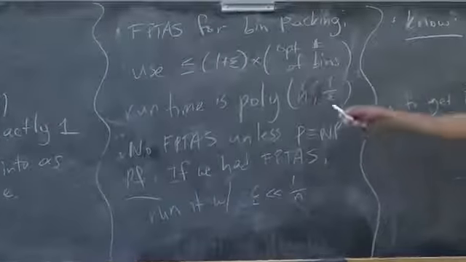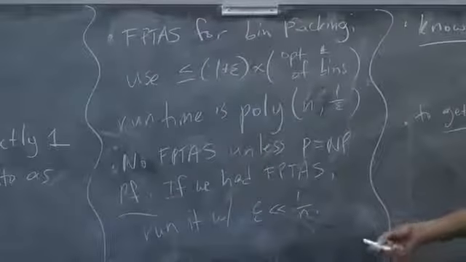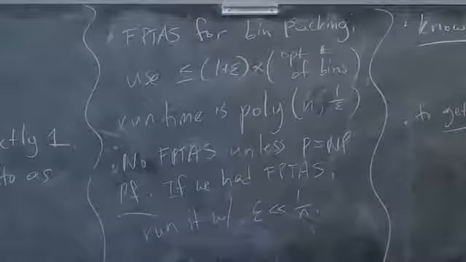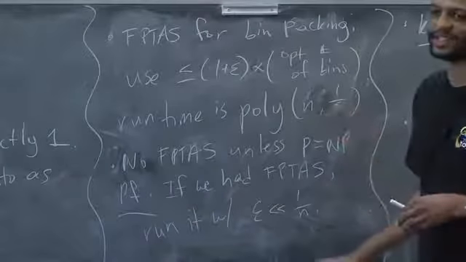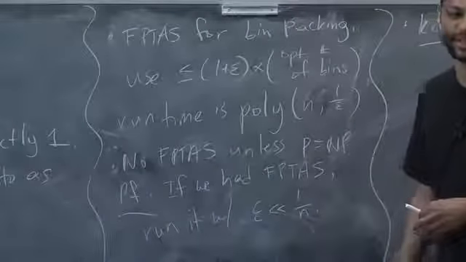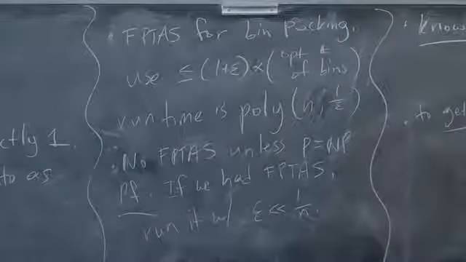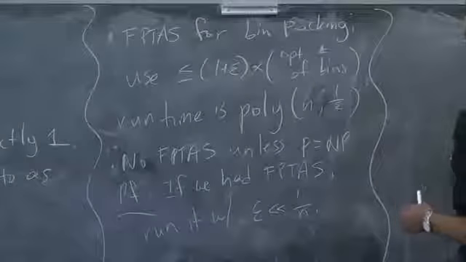And the point is the error in the number of bins you use will be less than 1. And we know the number of bins you use is an integer. Okay, so if I tell you there is a packing using at most 2.2 bins, well, then you know that there's a packing using 2 bins, right? So you could have solved that decision problem with an FPTAS, and it would have been a polynomial time algorithm. Okay, so you don't always expect to have an FPTAS.